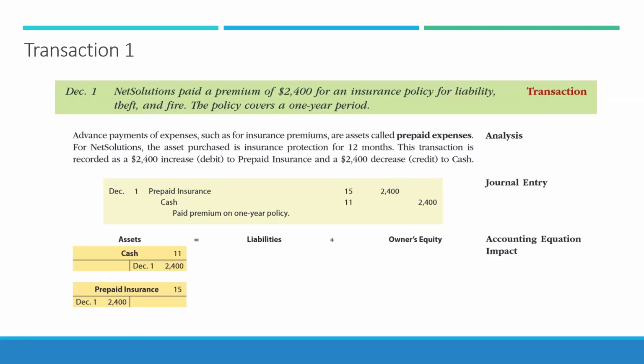Then we're going to go find the account cash and credit it. So we show, do you see here on cash, December 1st, credit $2,400. That's posting it to the accounts. It's just what it means. We take those numbers and post them to the specific accounts.